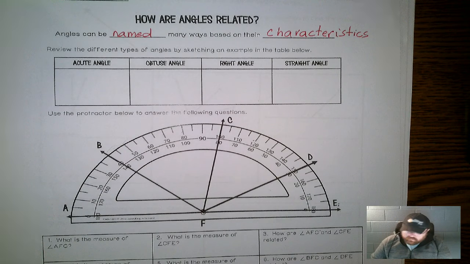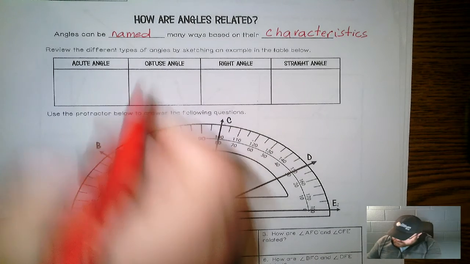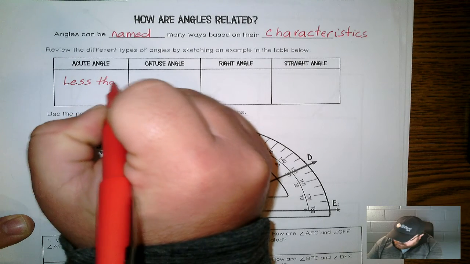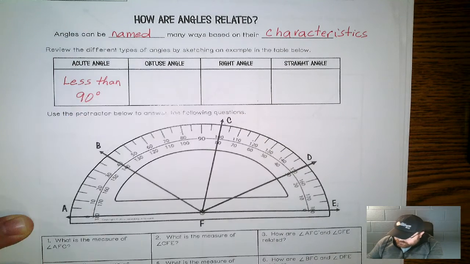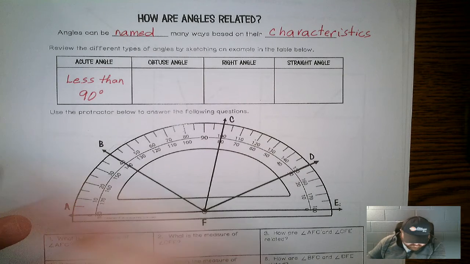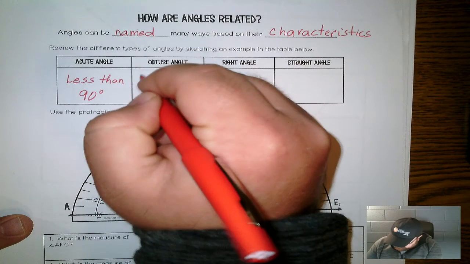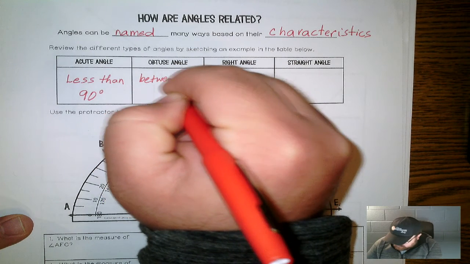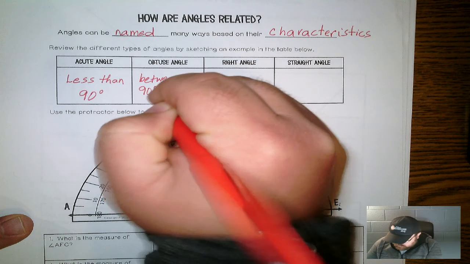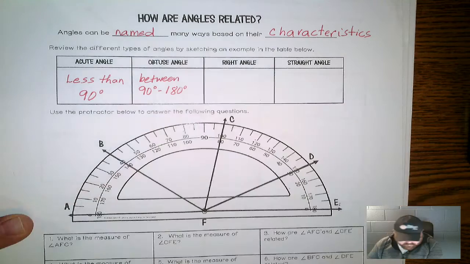Now, some of this vocabulary will be review for many of you. This is stuff that you talked about in elementary school and in 6th grade. So an acute angle is less than 90 degrees. An obtuse angle is between 90 degrees and 180 degrees.